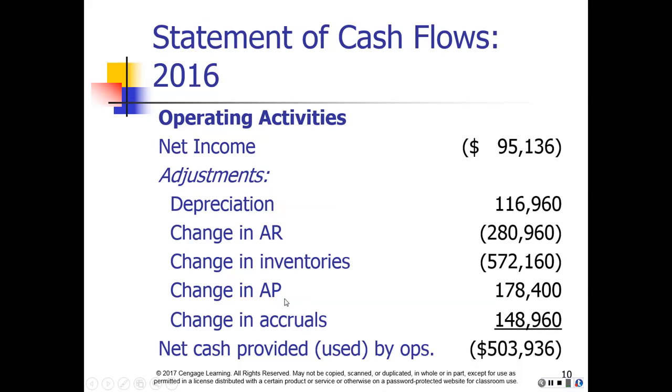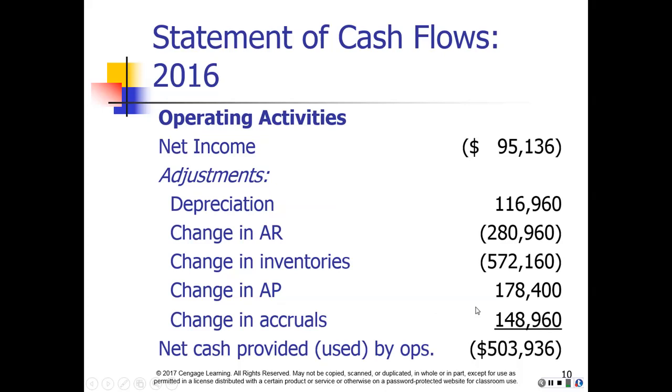So if accounts payables went up, that positive change will need to be added. Likewise, if accruals have gone up, that positive change will need to be added. If it had gone down, we would subtract that.